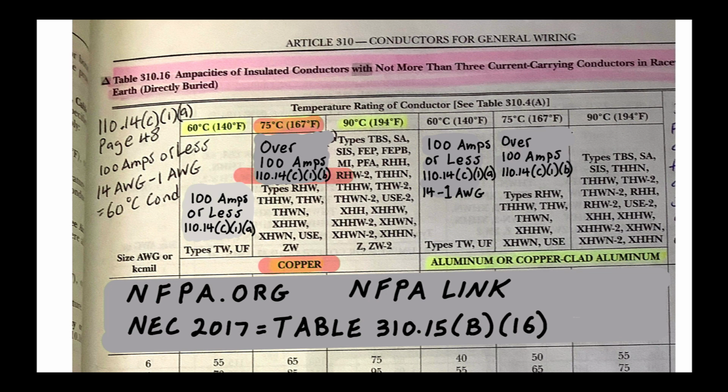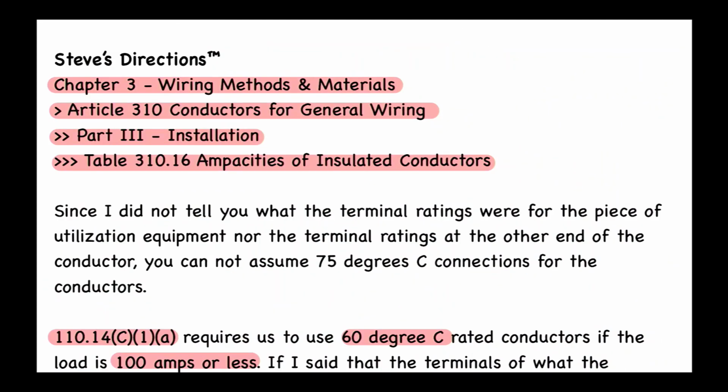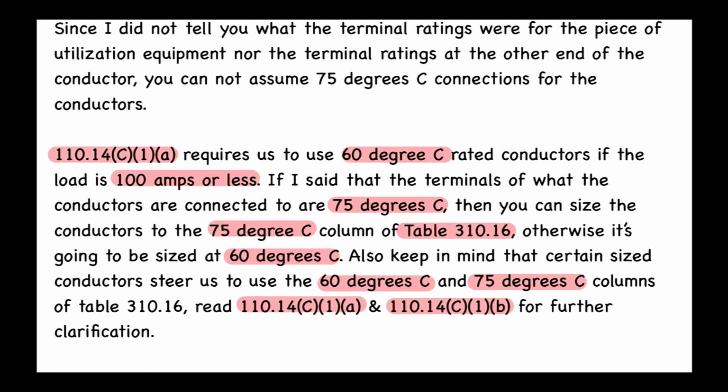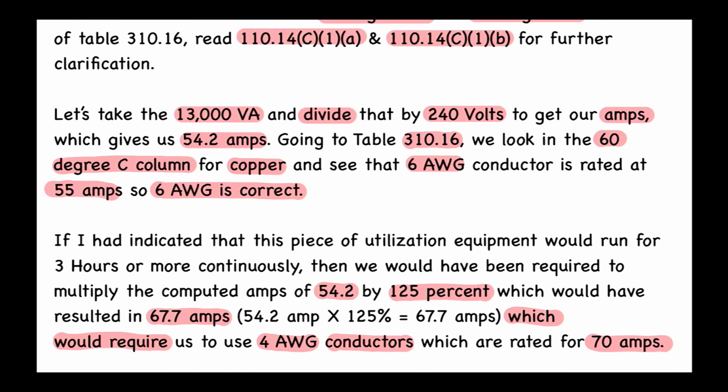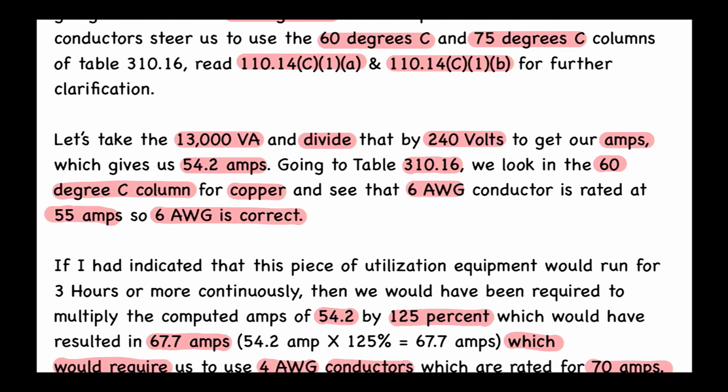All right, let's erase this here and look back at our question real quick. When we did our math, after all of this multiplication, we ended up with 54.2 amps, and we need to find a conductor that's going to be good for 54.2 amps.